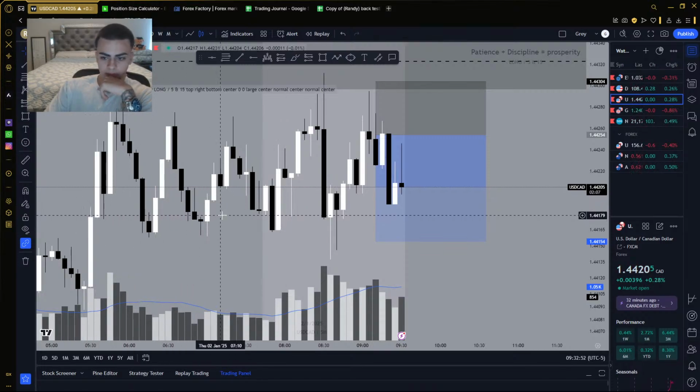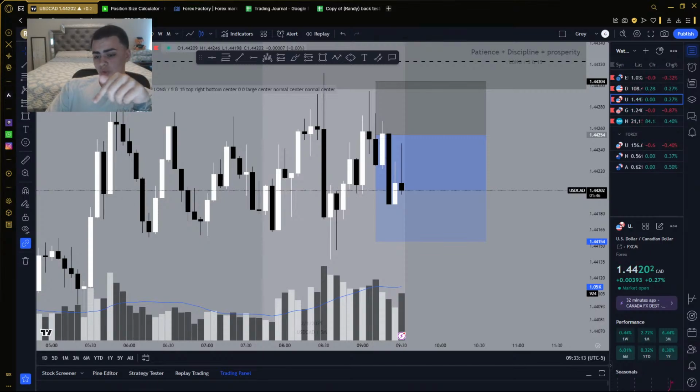This and this point. I would like it to close below that low though. That's where my comfort area would be.